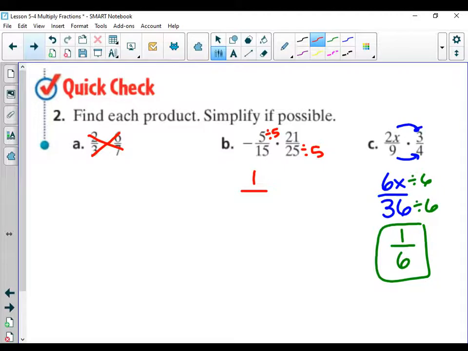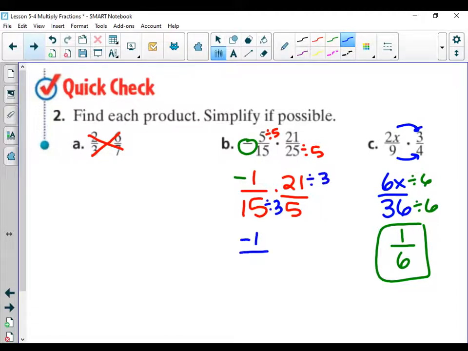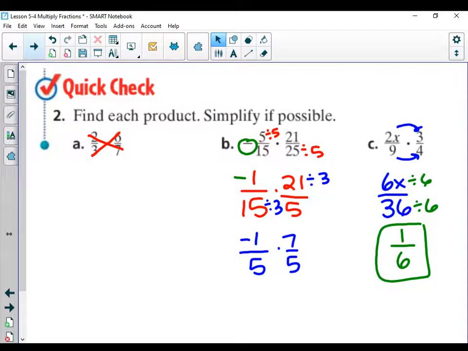So now I have 1, 15, 21, 5. I'm going to move this negative to the top. Oh, I think I need to simplify again. If you're saying, I did it a different way, guess what? That is okay too.